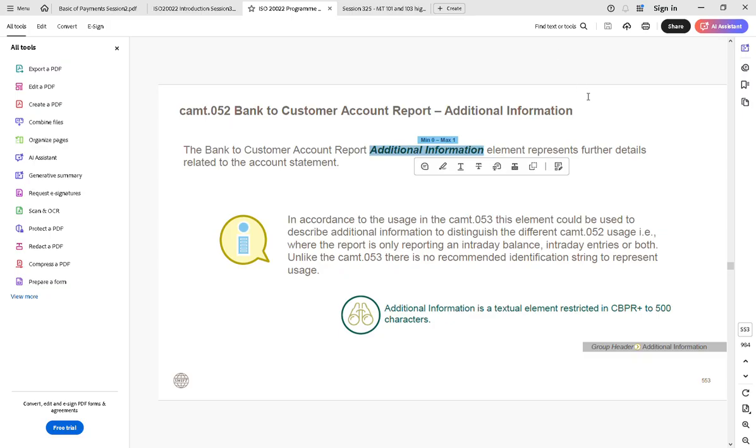Additional information element. No, the element is not required.